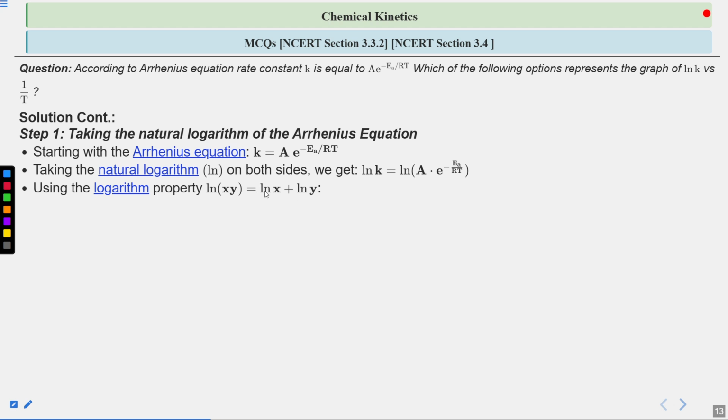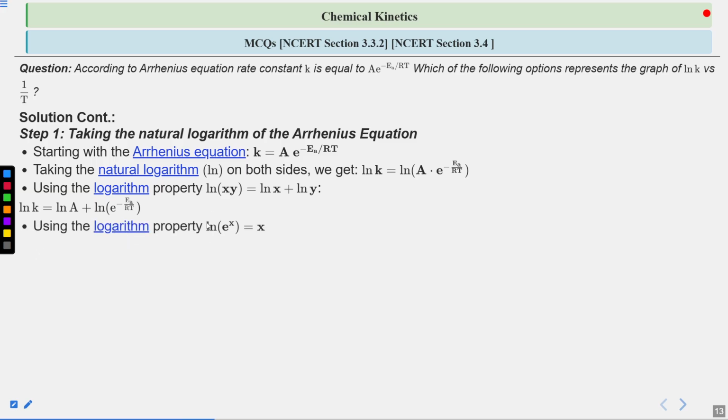So this is the logarithmic property we use in this equation. So ln k will become equal to ln of A plus ln of e to the power minus Ea by RT.